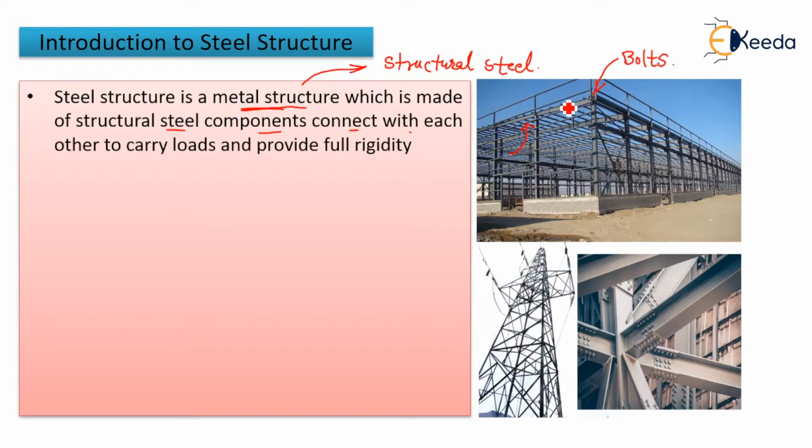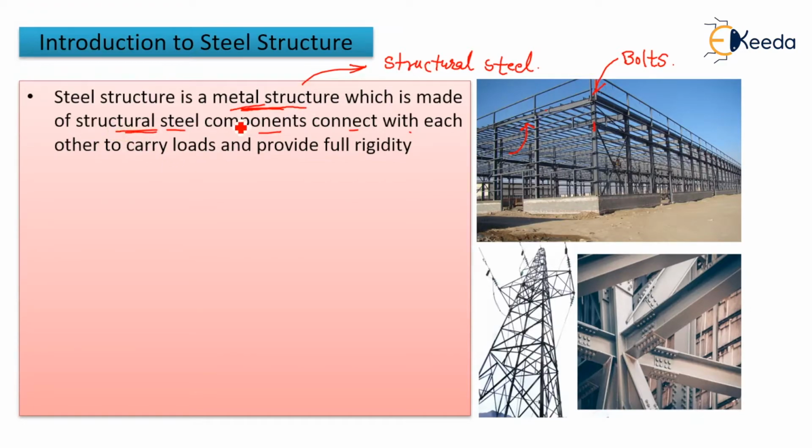This floor system will transfer the load to this beam, and this beam will transfer the load to the column, and ultimately the load from the column will get transferred to the footing. So in this way, the load will move from the floor to the beam, to the column, and finally to the footing.